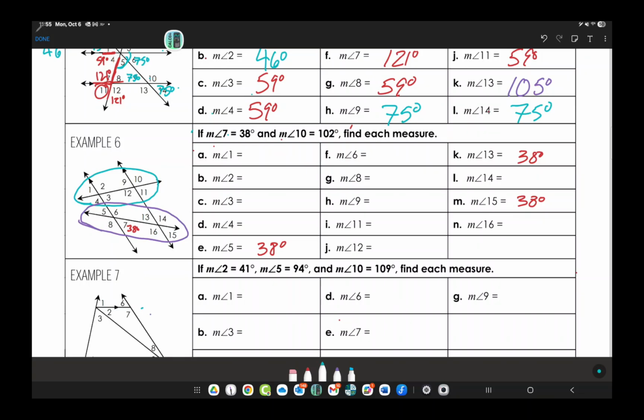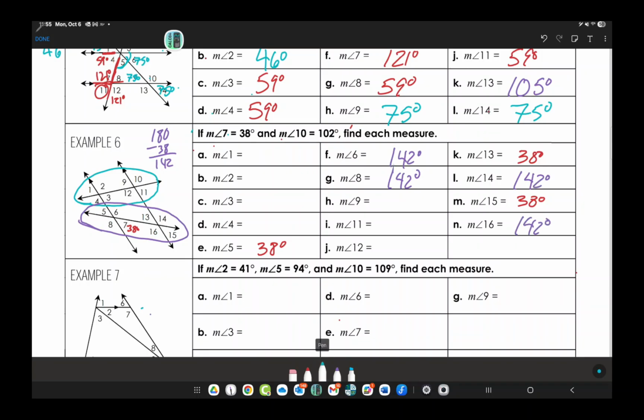Now, what does it mean for angle 6, 8, 14, 16? If all those angles are 38, what's supplementary to 38? 142. So that means angle 6 and 8 are 142 degrees, and 14 and 16 are 142 degrees.